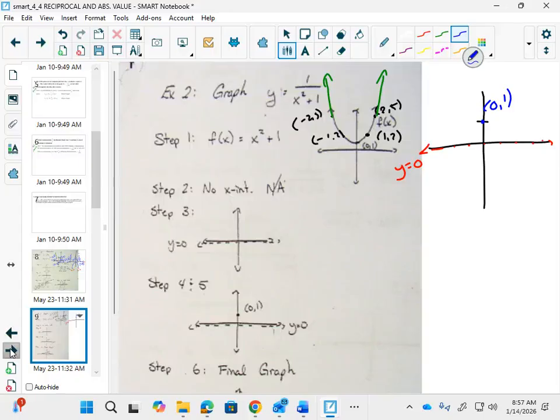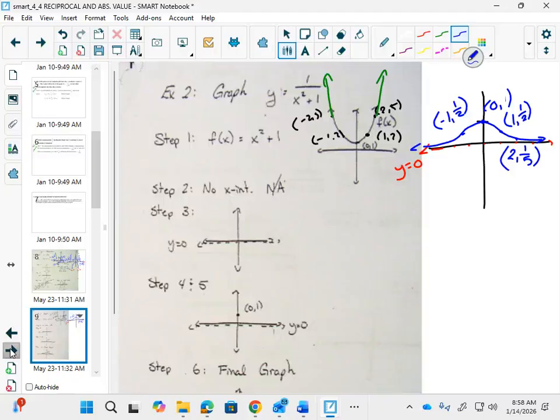But if I do 1, 2, that's going to change to 1, 1 over 2. 2, 5, that's going to change to 2, 1 over 5. -1, 2. So notice your x values are not changing at all. It's just you're changing your y values to 1 over what they were previously. And if we drew this towards our asymptote, this is the final graph.